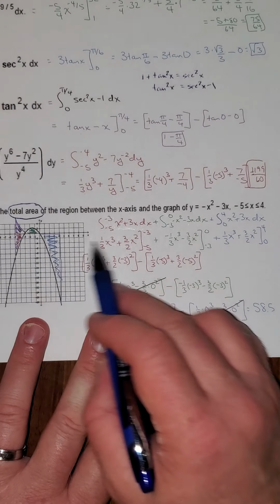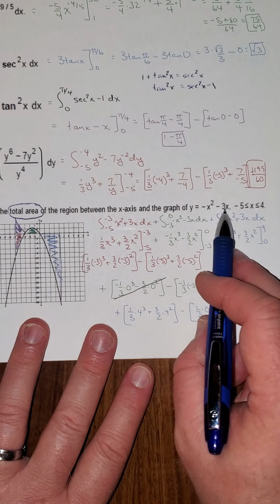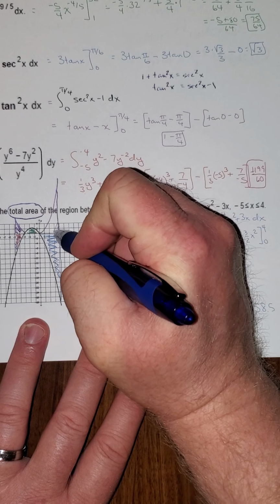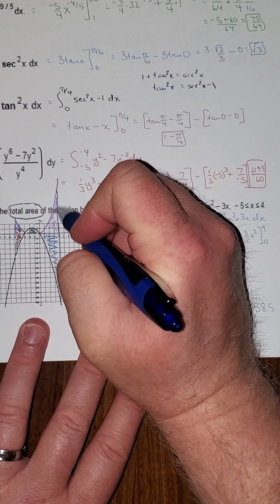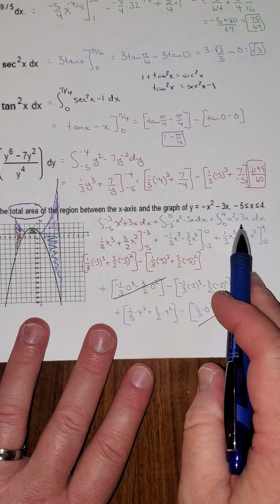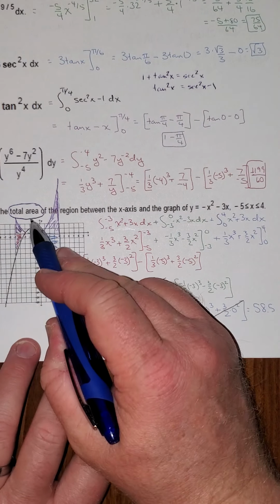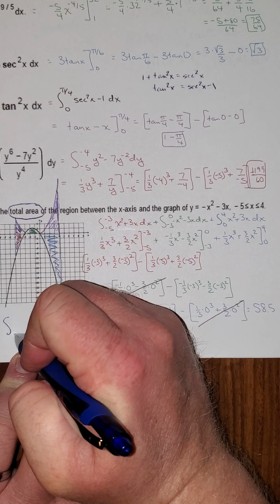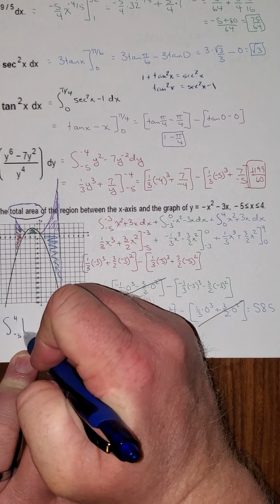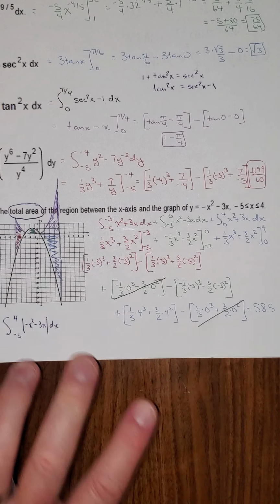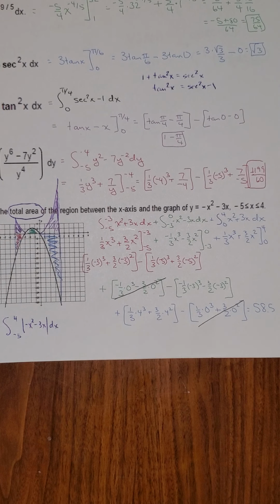The green part is already positive because it's above the x-axis. Now from 0 to 4, I negated it again. Now this is going to be a pain in the butt to draw. But that area right there, I would flip it above the x-axis and it would become positive if I negate the function. So when it says find total area, you have to integrate from -5 to 4 of the absolute value of -x squared minus 3x dx, because I want all of the values to be positive.